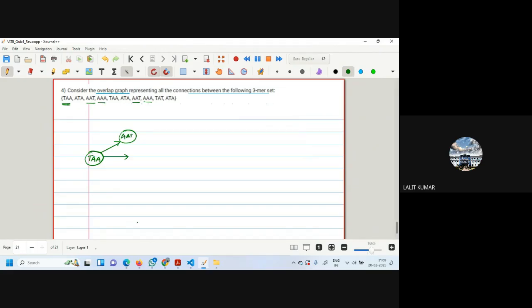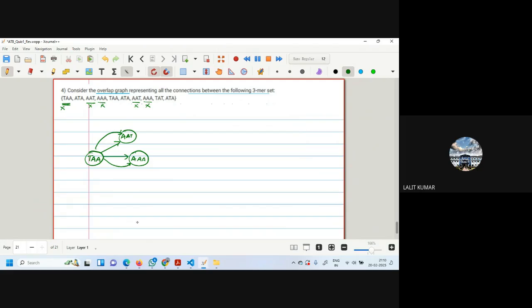I can go to AAA. There are two A's, so here are two arrows. So this I've covered AAT, and AAT also there are two. So TAA, AAT, AAA, AAT, AAA.